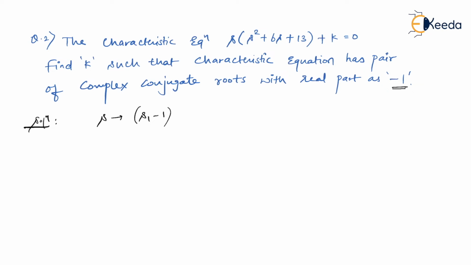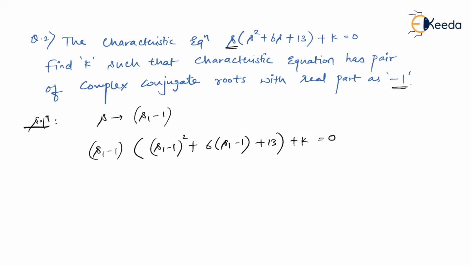So let me now write the new characteristic equation: we had s here, replace with s1 minus 1, multiplied by s1 minus 1 the whole square plus 6 into s1 minus 1 plus 13 plus k. This is equal to 0.